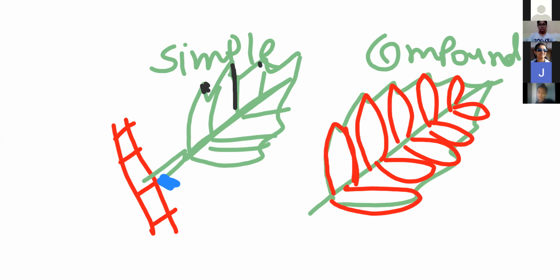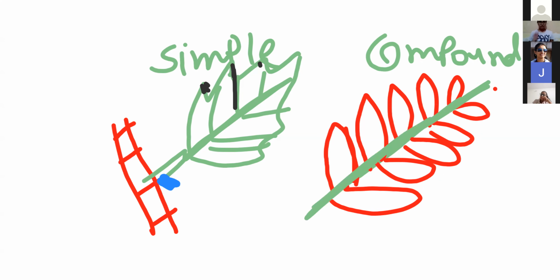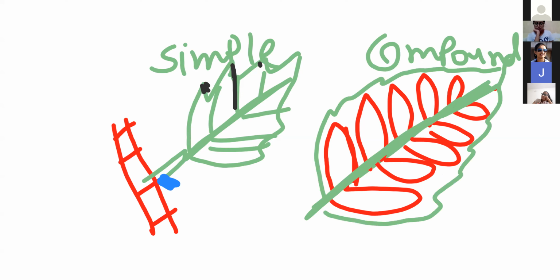Remember, the leaf does not remain intact in case of a compound leaf. Here the incision is there and it reaches, see, this is the midrib. This was the main midrib of the leaf, yes or no? If simple leaf is like this, the incision remains superficial.